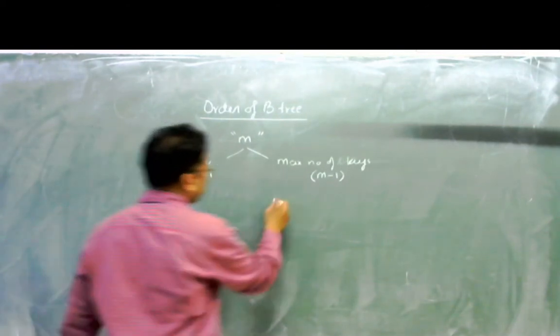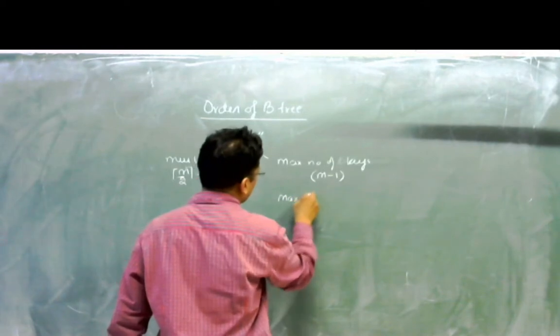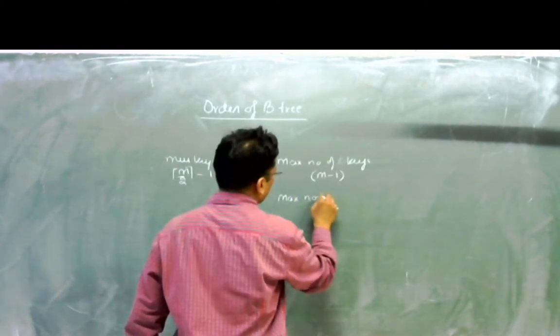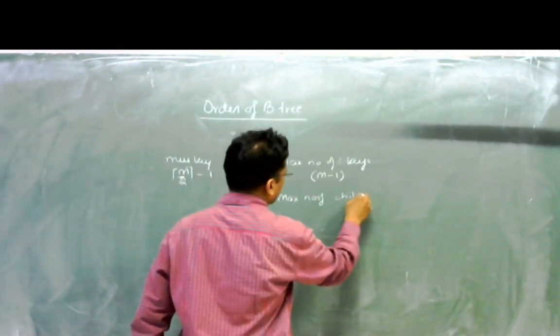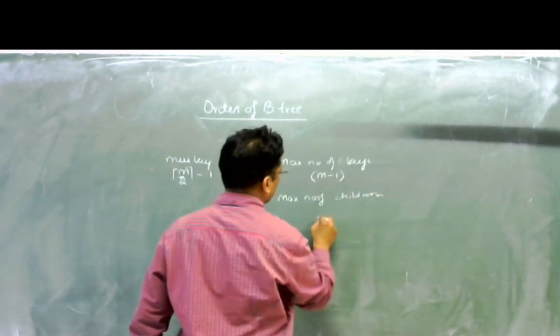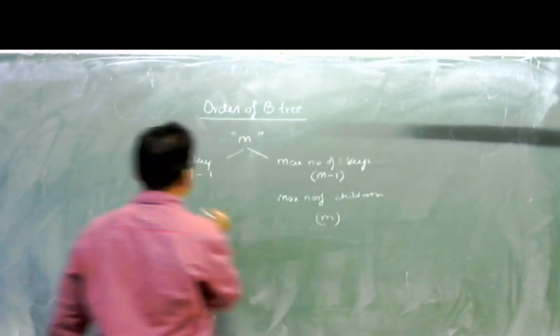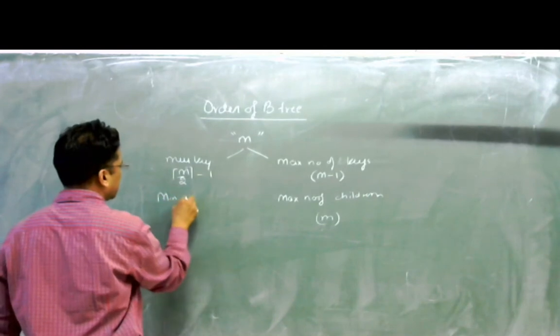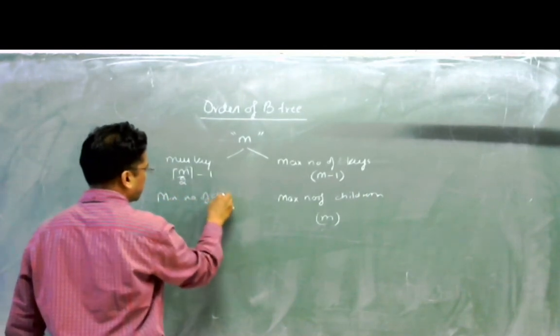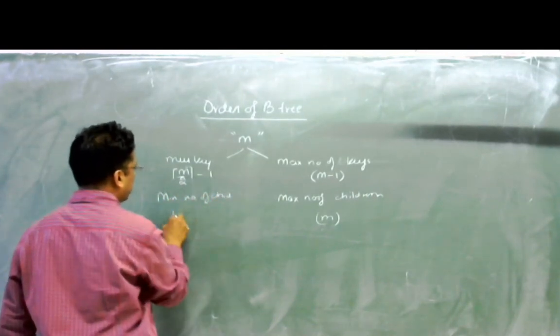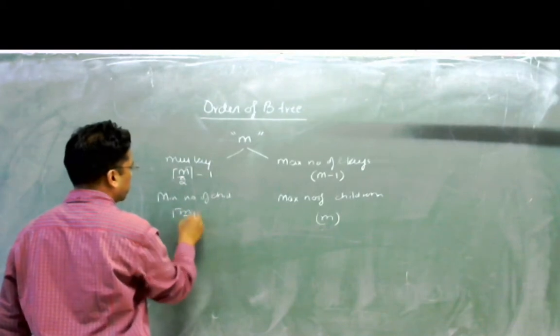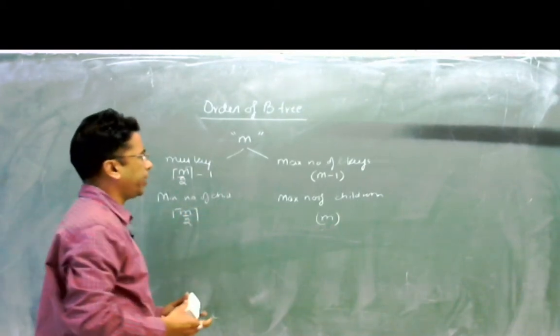And similarly, the maximum number of children is equal to m, and the minimum number of children is equal to m by 2. This is the ceiling value of m by 2.